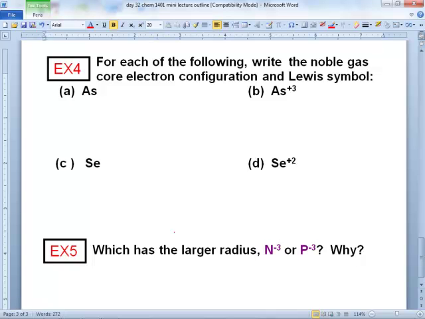Write the noble gas core electron configuration for arsenic, and then write its Lewis symbol. Oh, Priscilla, they don't like commas. Just straight. Yeah, there you go.